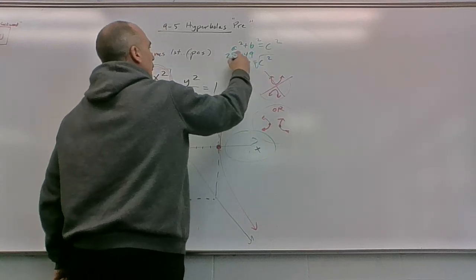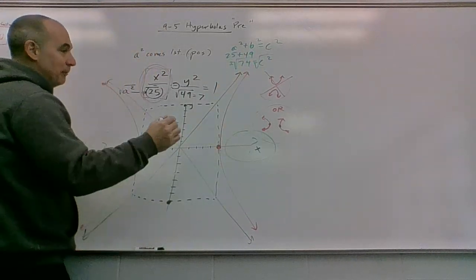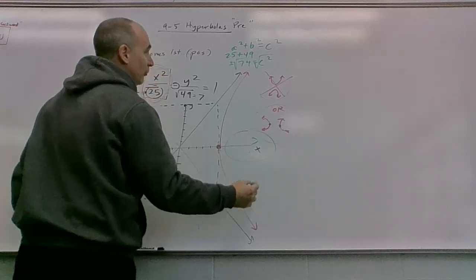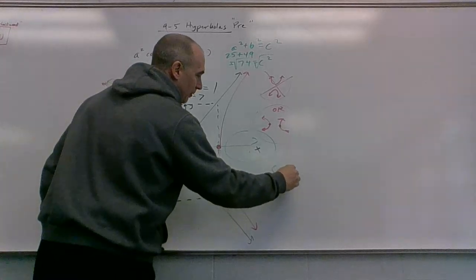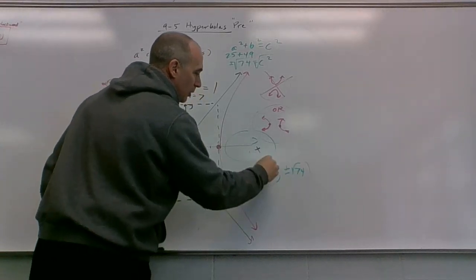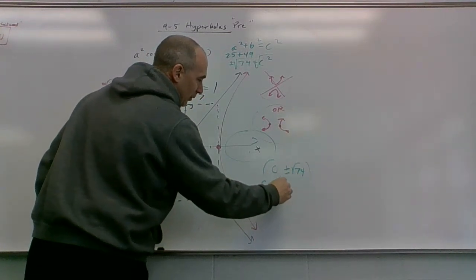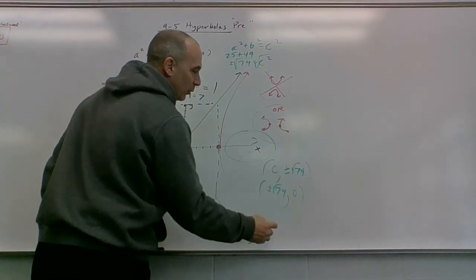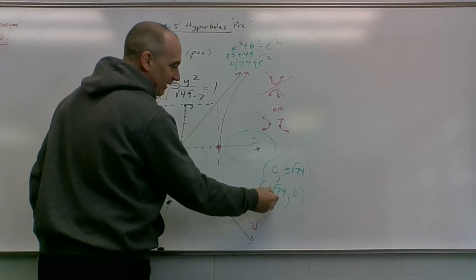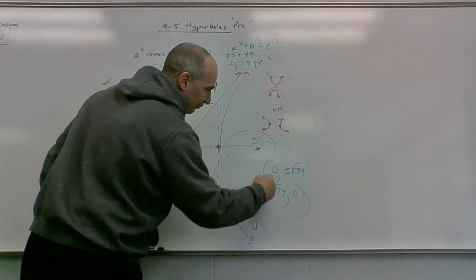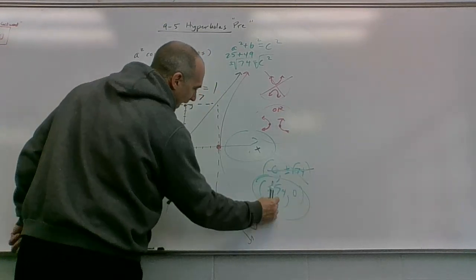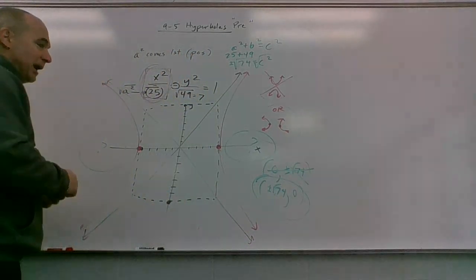Remember, they're going to be over here. So I have a choice. It's going to be 0 comma plus or minus the square root of 74, or it's going to be plus or minus the square root of 74 comma 0. Which one of these lands us on the x-axis? This one, not that one. So that would be your foci, or where your foci are.